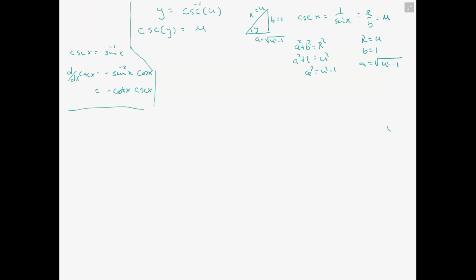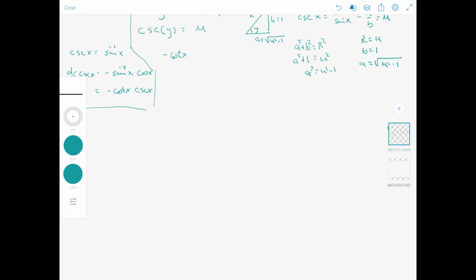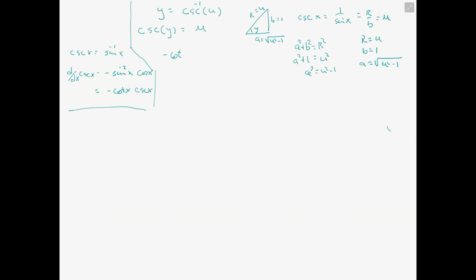So now we take the derivative, and we have minus cotangent x, or not x, u.